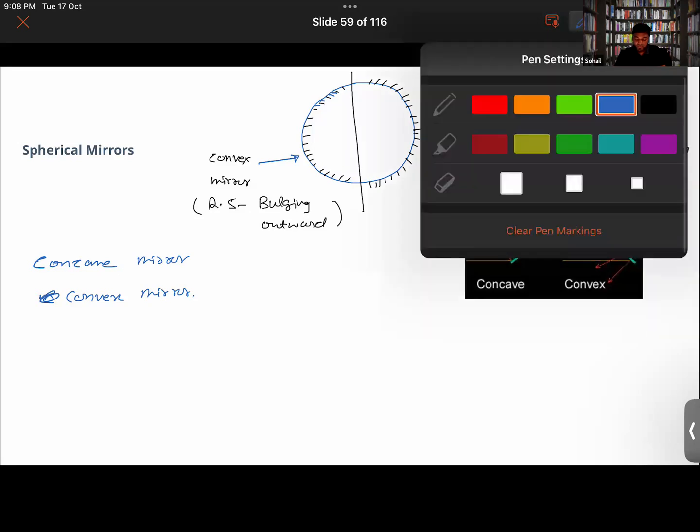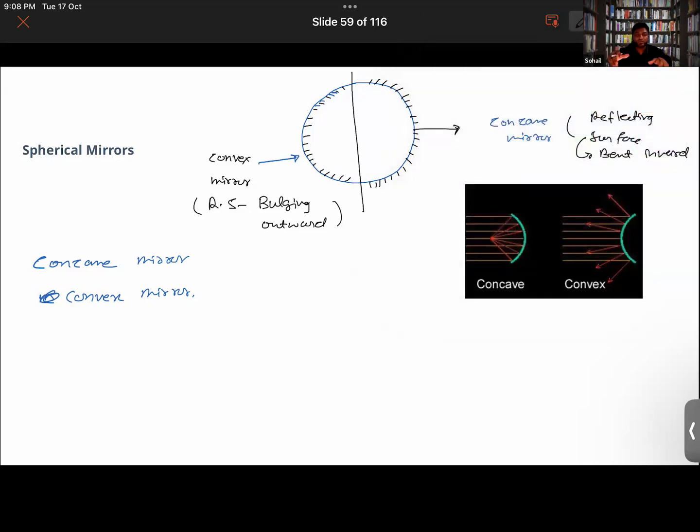So what you will be saying is that if the outer surface of the curved mirror is painted, this one I'm talking about, and its inner surface is bent inward, then this type of spherical mirror is known as a concave mirror.